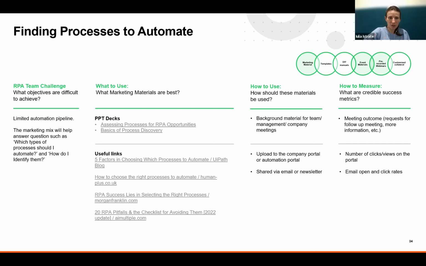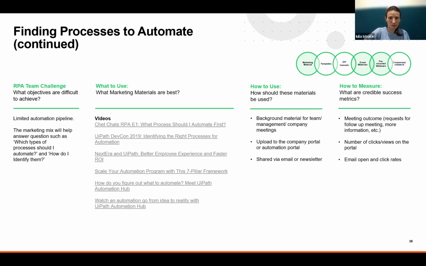In this case, you're having, again, access to some PowerPoint decks that you can download from these links, some blog posts that touch on this topic of how do you identify new opportunities, and some videos that maybe certain users might consider exploring before engaging with their members of the department to encourage them to submit ideas.